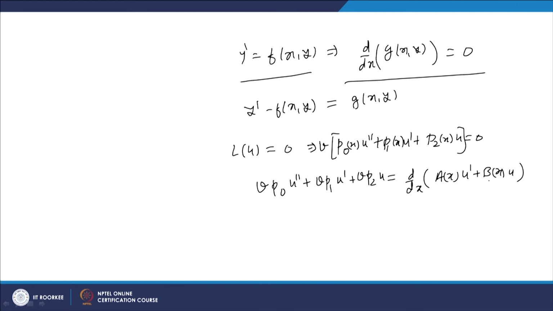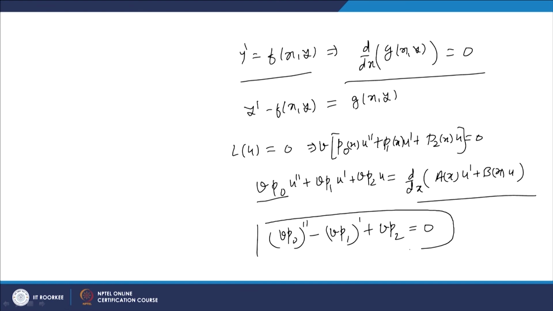Now we already know that this is exact. If we have this relation, we simply say that the coefficient of u double dash, that is v p naught, double derivative, minus the coefficient of u dash, that is v p1, derivative, plus the coefficient of u, that is v p2, equals 0. By the exactness condition we know that this happens only if we have this relation.